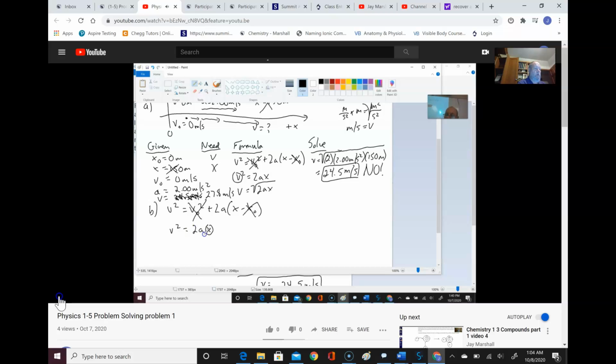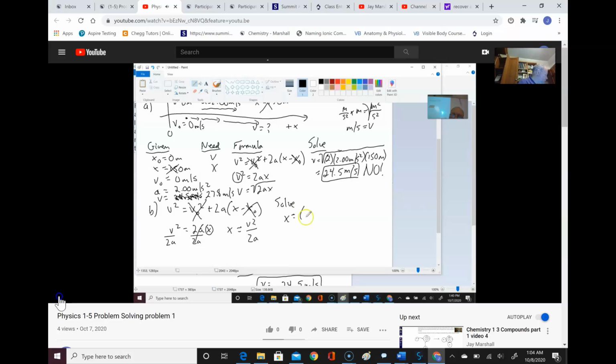So now what I'm going to do is divide both sides by 2a. That's going to cancel out. And so now I have x equals v squared over 2a. I've isolated x, and now I can just plug those values in and solve.